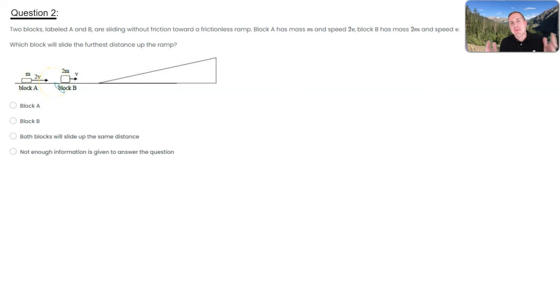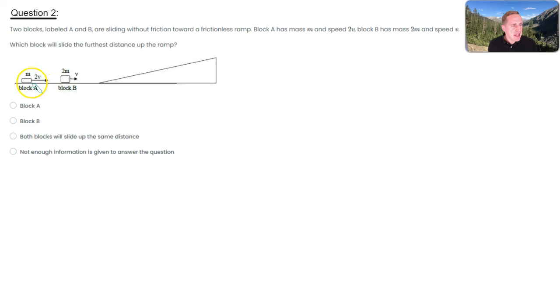Now, you might think about forces in a case like this, but I think it's going to be much easier to analyze in terms of energy. How do I know that? Because we're talking about masses and velocities. We don't necessarily want to have to calculate accelerations or forces or free body diagrams if we can avoid it, because mass and velocity are the inputs to the kinetic energy, the energy of motion.